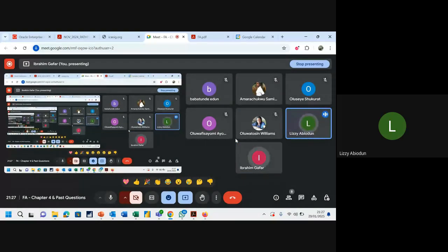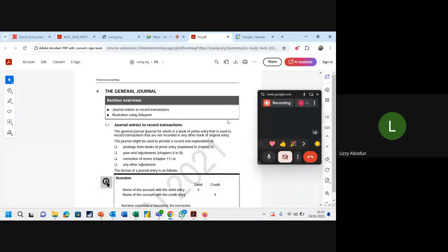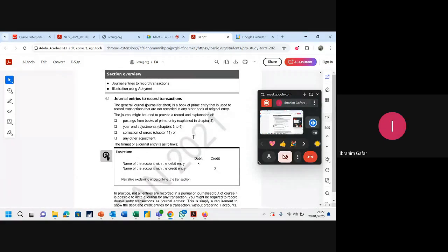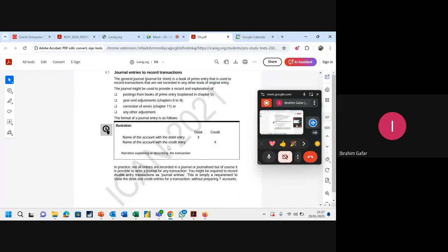It is the first book in which a transaction was first recorded. Okay. All right. Since you people have gotten that, that's okay. We can move on.